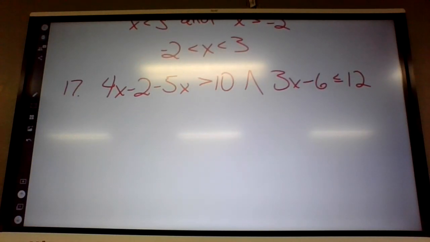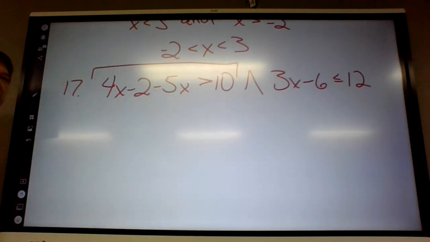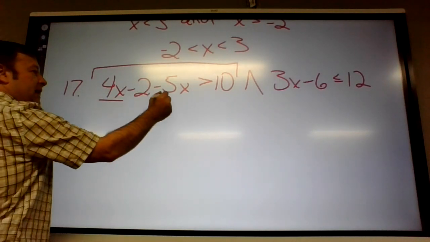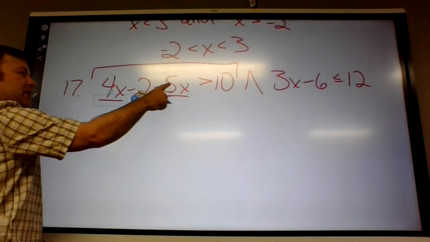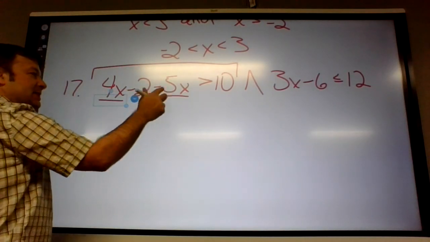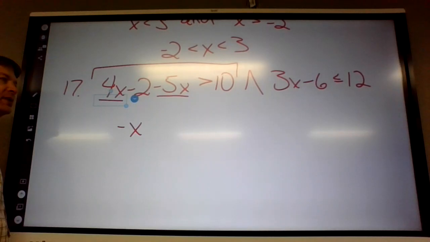Chase, what would I do first on this one? I'll combine 4x and negative 5x. Right. After this first step, it's a normal one though. Actually, you probably wouldn't want to copy the original down. 4x minus 5x is negative 1x, or negative x.